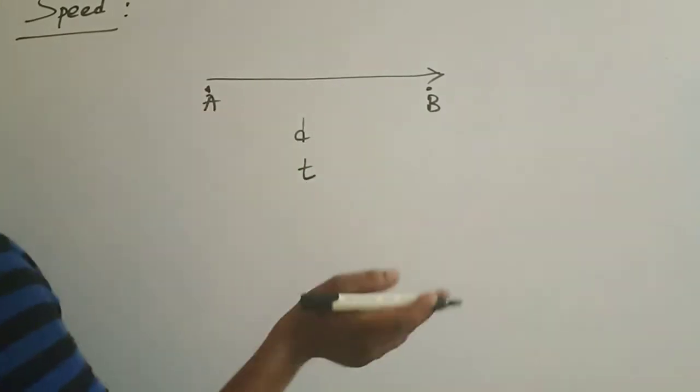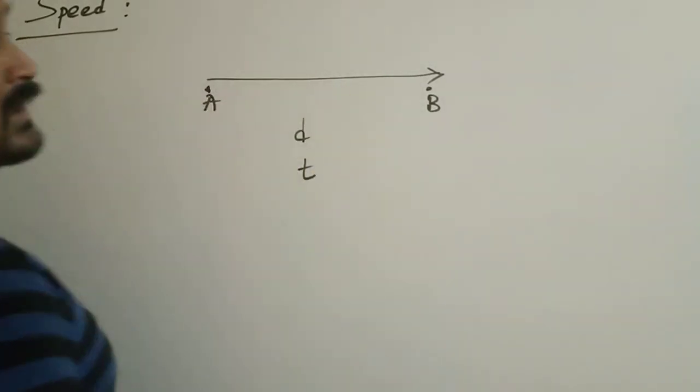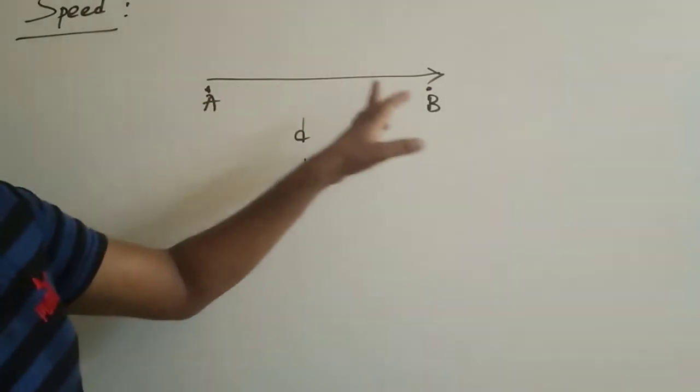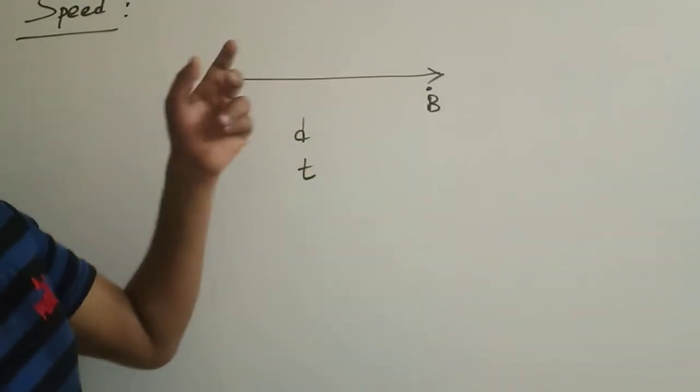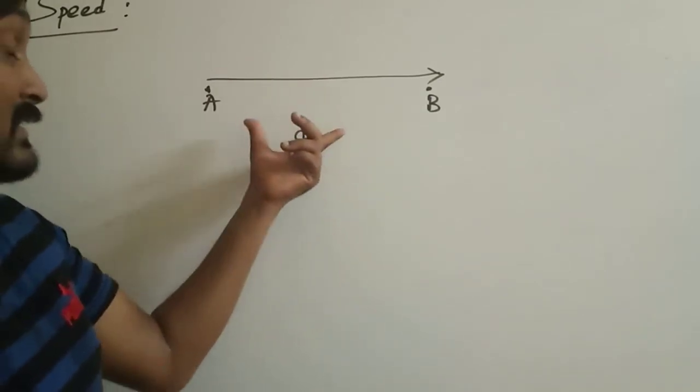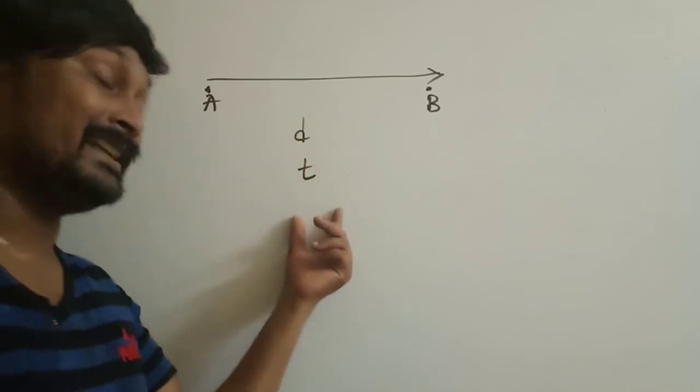Whatever the object, whether it is a car or bus or a human being or whatever, it moved from one point to another point and covered some distance, and that distance is covered in some certain time.